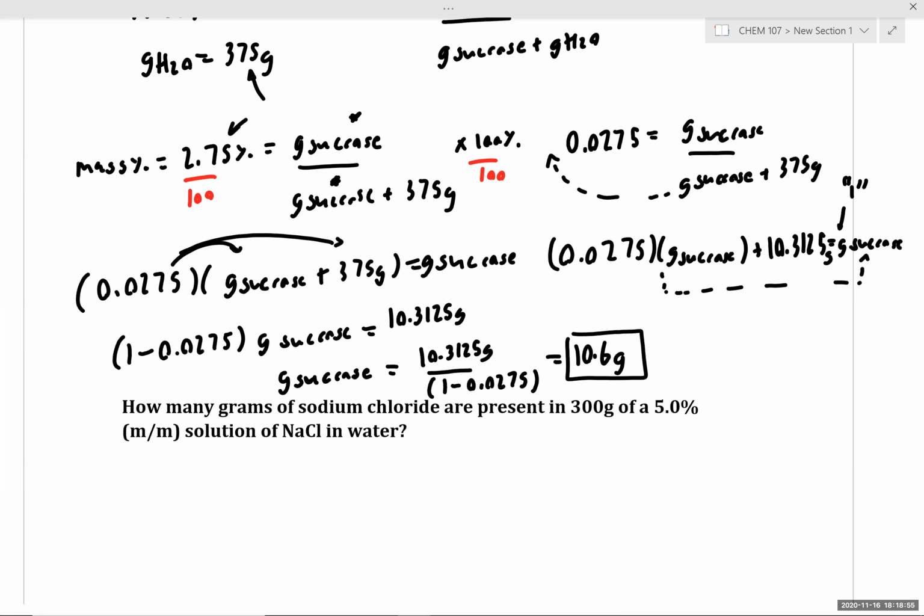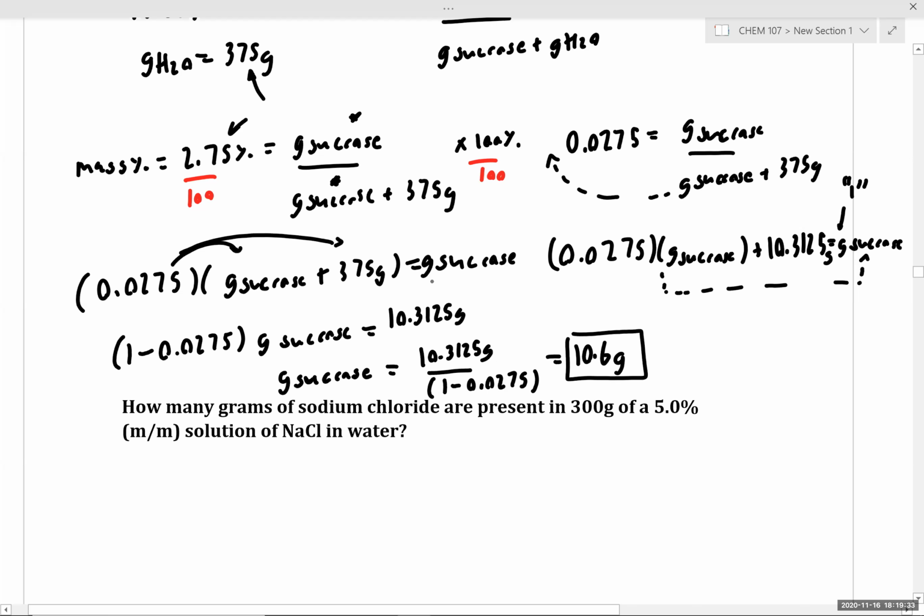Professor, how do you get the 10.6? Could you repeat that, please? How did you get the 10.6 grams? Once we've isolated the grams of sucrose, we first got this 10.3125 by multiplying our mass percentage over 100 by the mass of our solvent. So we took 0.0275 times 375, and that gives us 10.3125.